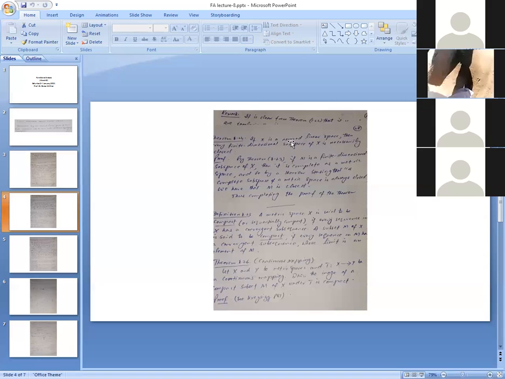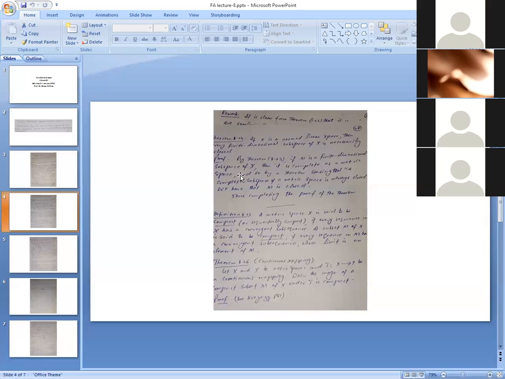Now recall a result from metric spaces. If X is a metric space and Y is a complete subspace of this metric space, then this complete subspace will be closed. This is the result we have in metric spaces.